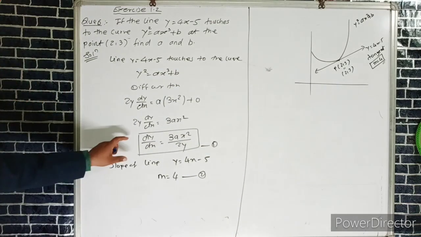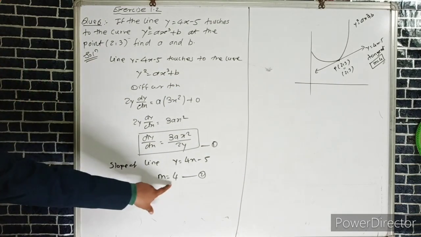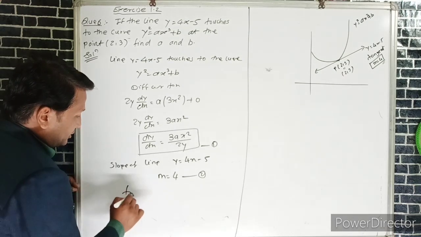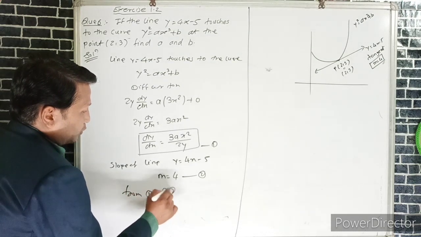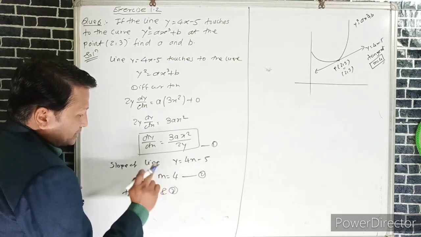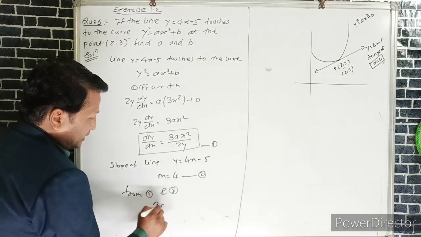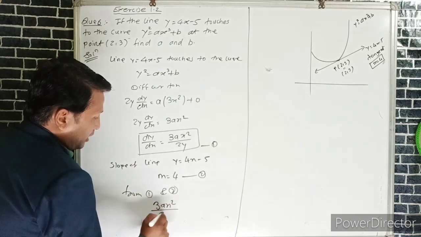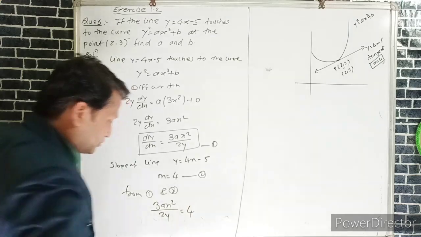We know that the slope of the tangent is m = 4, hence from equations 1 and 2 we can write dy/dx = m, so 3ax² / 2y = 4.